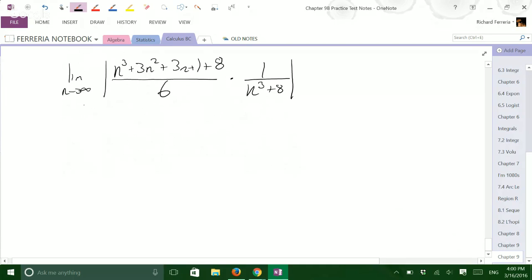Let's simplify that then. We've got a limit as n approaches infinity of n cubed plus 3n squared plus 3n plus 9, the whole of it on top of 6n cubed plus 48.